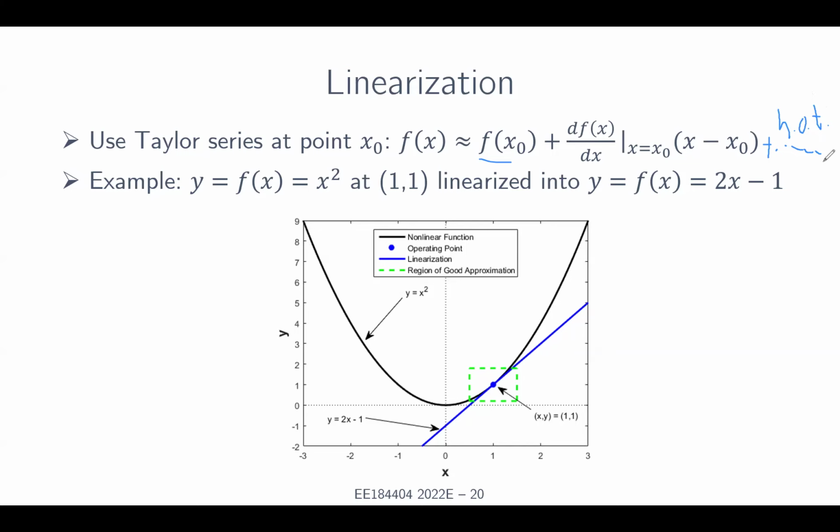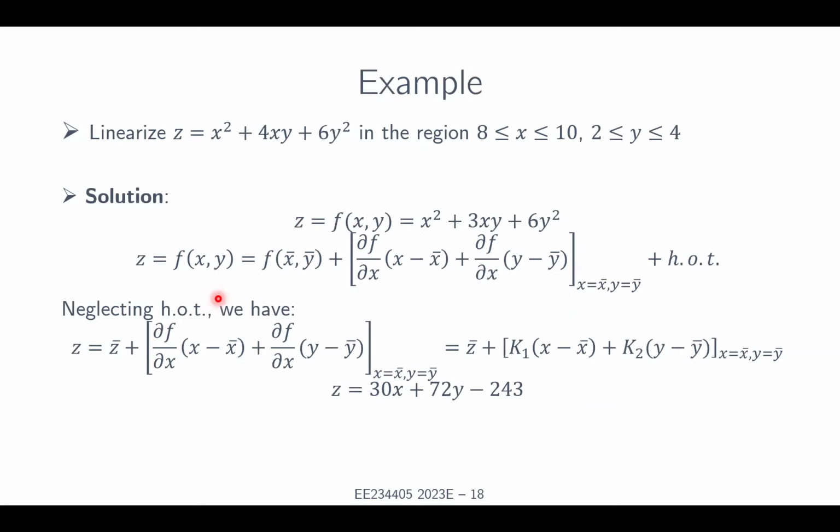But often for a relatively simple system, we stop here. We omit the higher order terms and say that this should be close enough, even if we omit them.